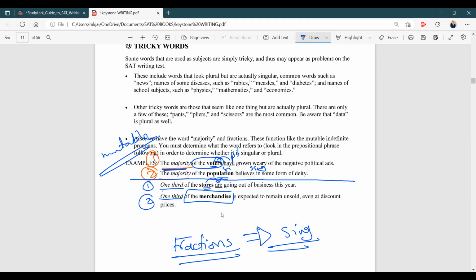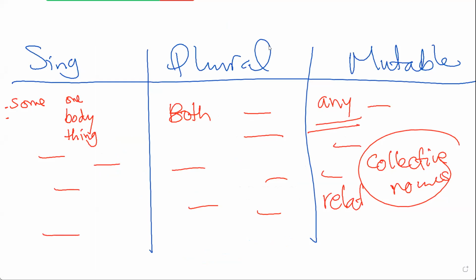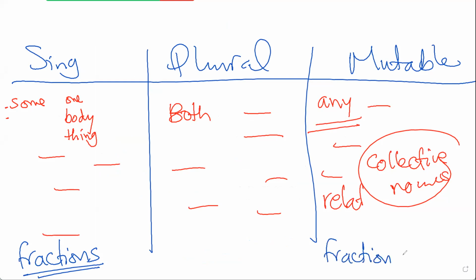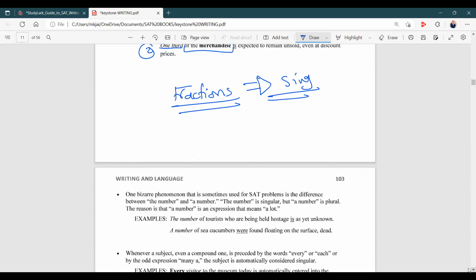So where will I write fractions in my table? Fractions alone, singular. Here, I can write fraction plus of something. And what will I write here? Majority of. But fraction alone, as 2/3, all these ones, they are treated singular.